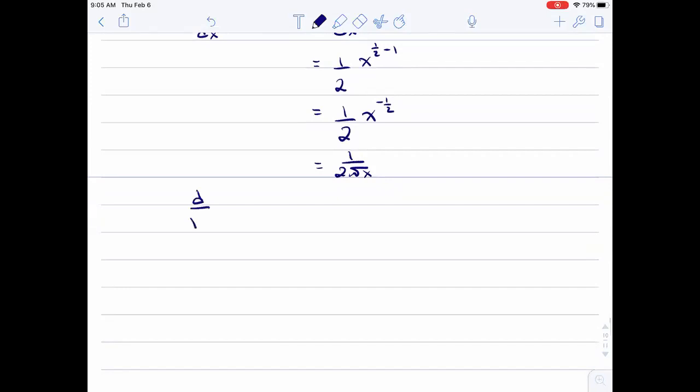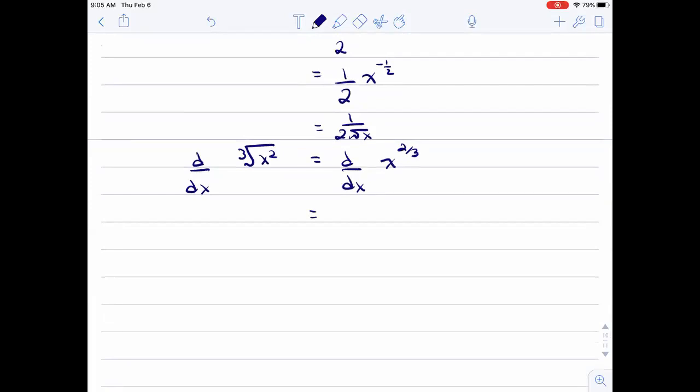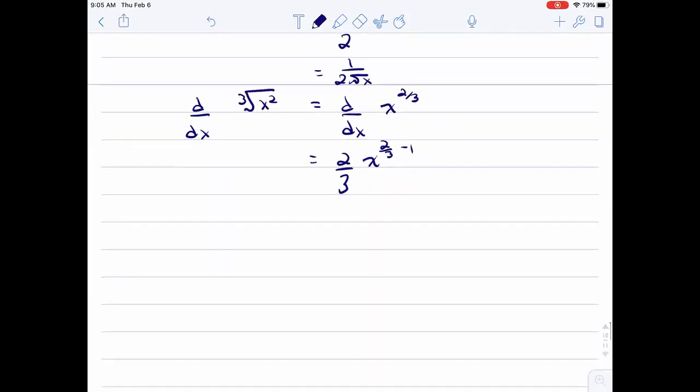Can even do something like d dx of the 3rd root of x squared. Again, the key is to rewrite this thing with powers instead. So then we're taking d dx of x to the 2/3. Bringing that power down, we get 2/3 times x to the 2/3 minus 1.